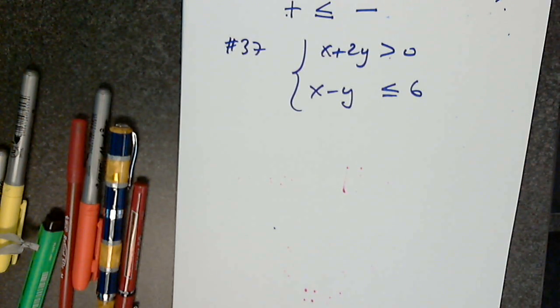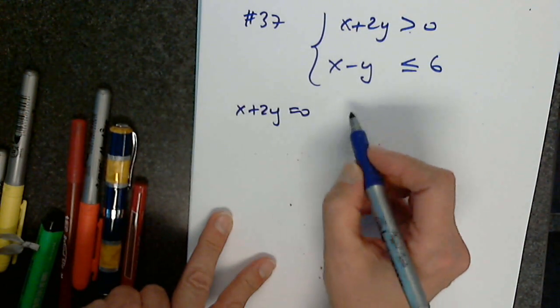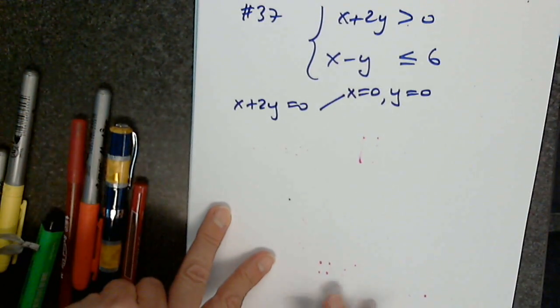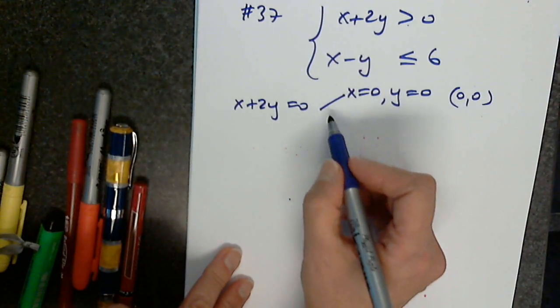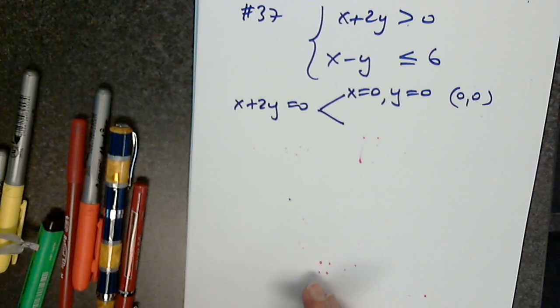So what do I have to do if the line passes through the origin? Make x equal 1. Exactly. So the first equation, x plus 2y equals 0. When x is 0, you determine y to be 0. So the first ordered pair is 0, 0. Now let's make it so that you get an integer.